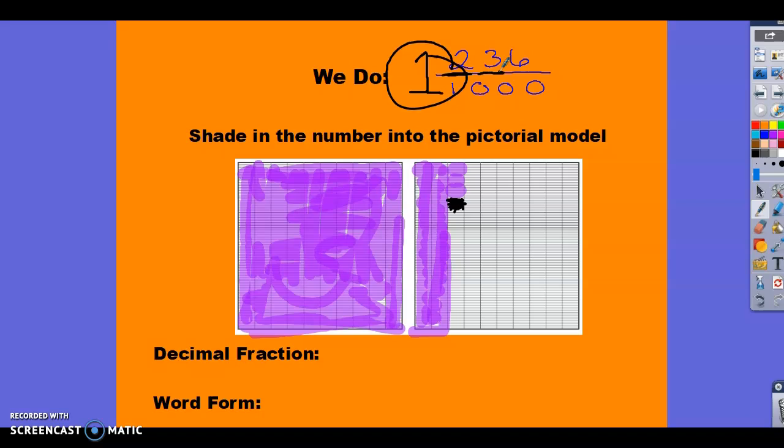So as a decimal, this reads 1 and 236 thousandths. As a word form, this reads 1 and 2 hundred, it gets to be long.